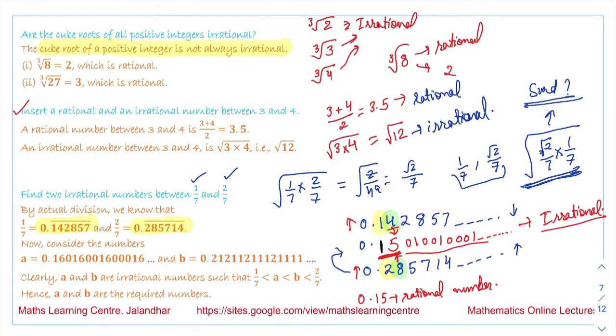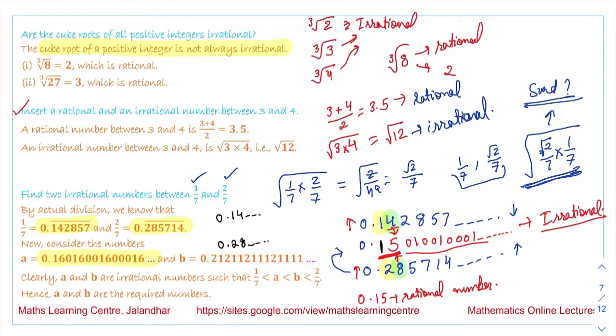Similar examples are given over here. I have written another number, 0.16, then 0.218. How are we writing this number? The numbers we have are 0.14 and so on. The second number we have is 0.28 and so on.